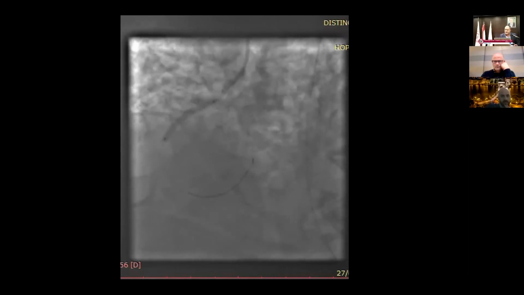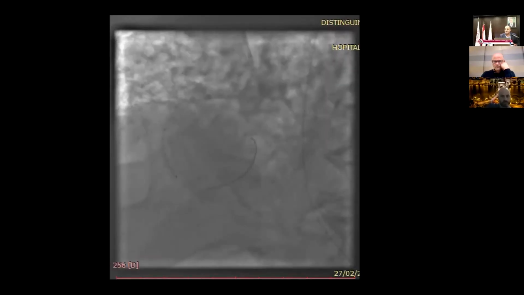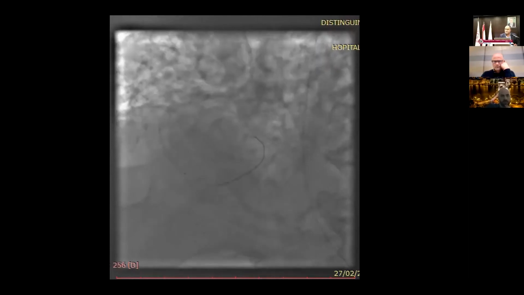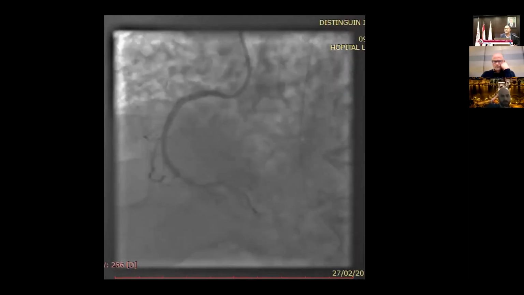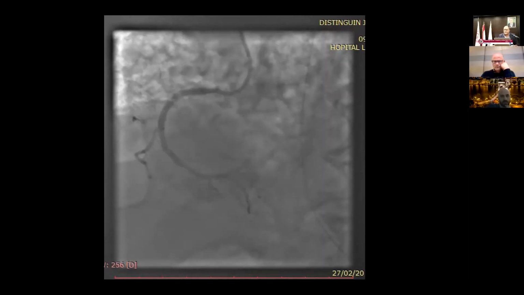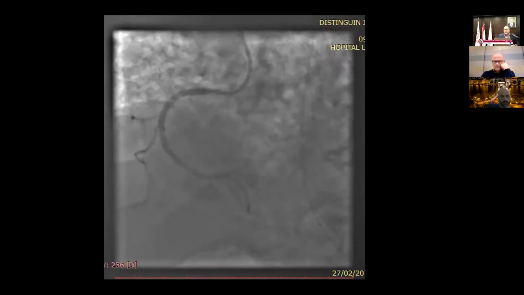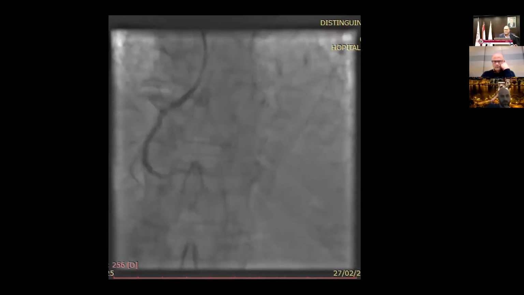I have a small dissection at the end of the stent. I put another stent at the edge of the first stent, and this is the final result for the RCA. The TIMI flow is not clearly 3. I have a small slow flow because of the 5 and 6 in the guiding catheter, and here I have a nice result, if you agree with me.